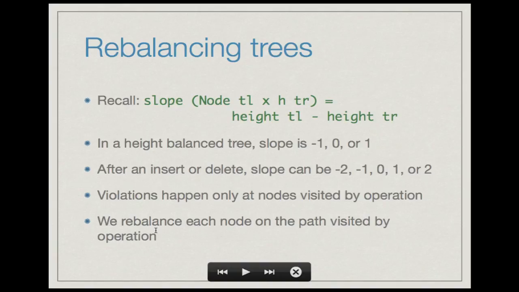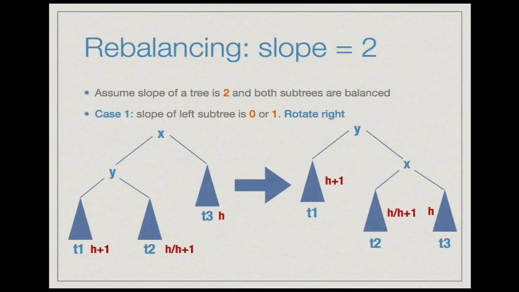So, what we need to do is to rebalance each node on the path visited by the operation. There are many cases to consider. Let us first consider the case where the slope is +2, which means that the height of the left subtree is exactly 2 more than the height of the right subtree. The case where slope is -2 is symmetrical to this, and we will not be elaborating that.